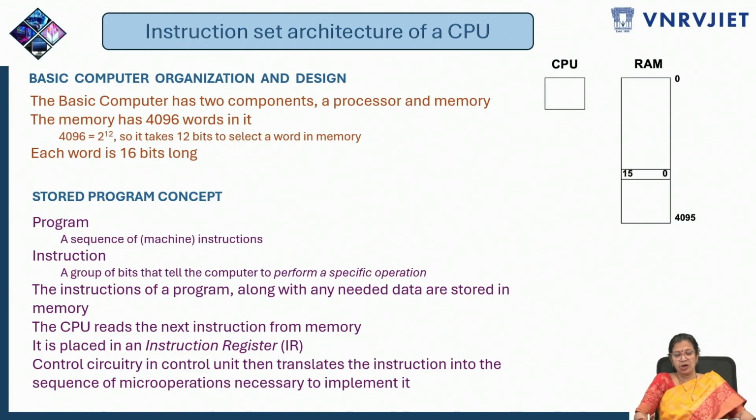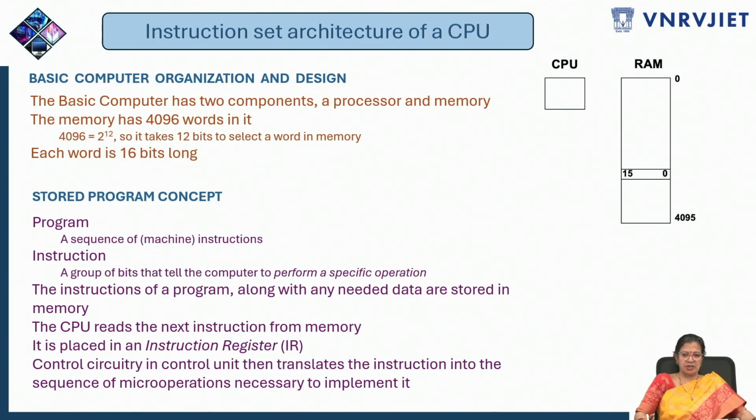Stored program concept means the program as well as the data are stored in the memory, and the processor fetches the instructions from the memory and executes them one after the other. A program is nothing but a sequence of instructions, and every instruction is nothing but a group of bits that tell the computer to perform a specific operation.